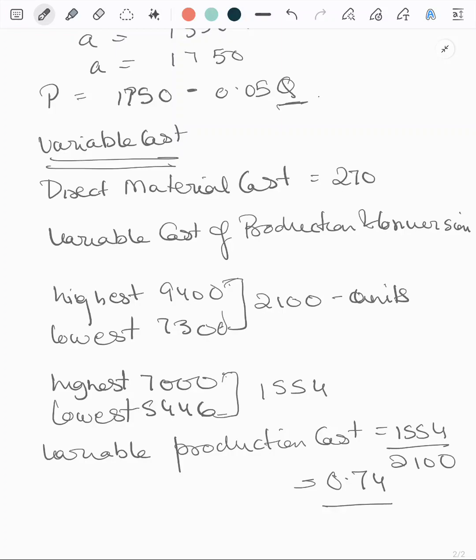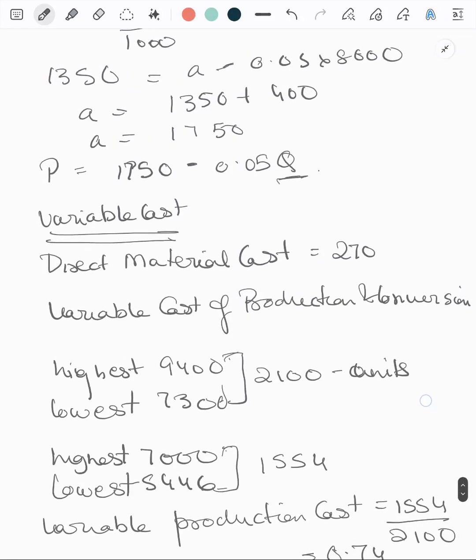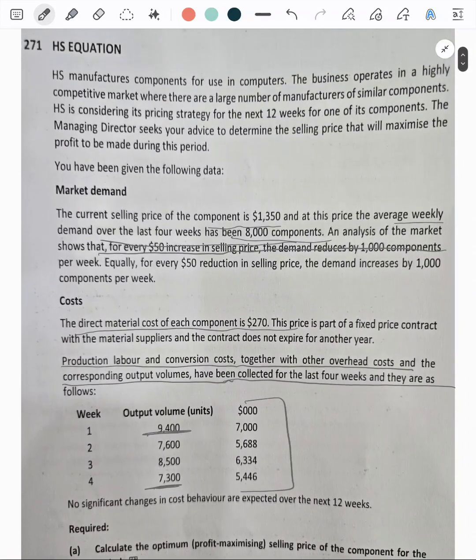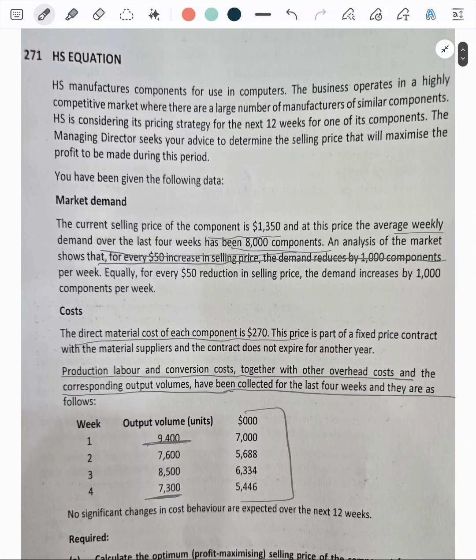Now what else we need to do? Now we have got the variable production cost. We do not need the fixed cost, so we'll stop this high-low method calculation here. If this is 0.74 per unit, how many units are there if the demand increases?